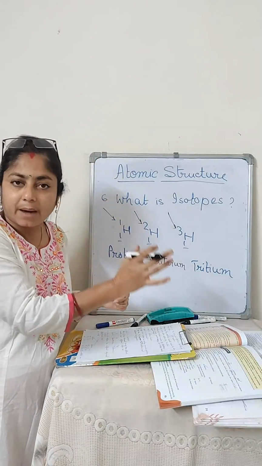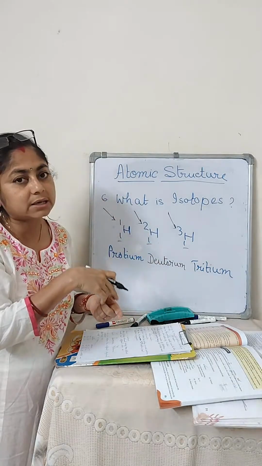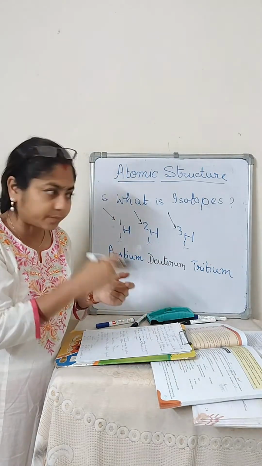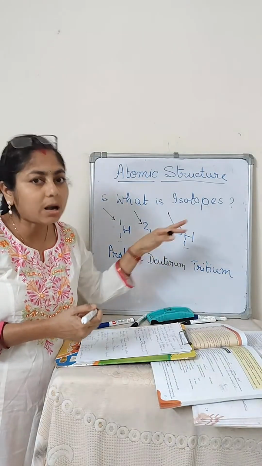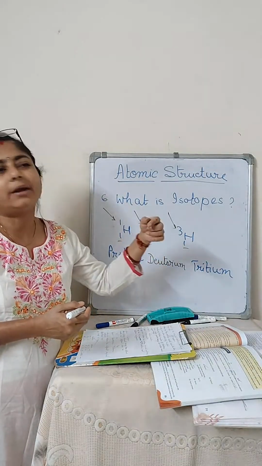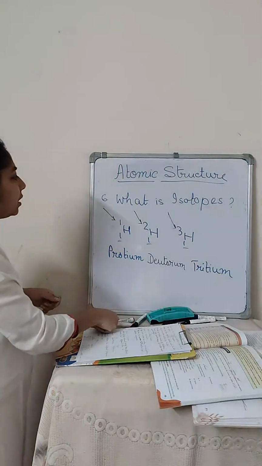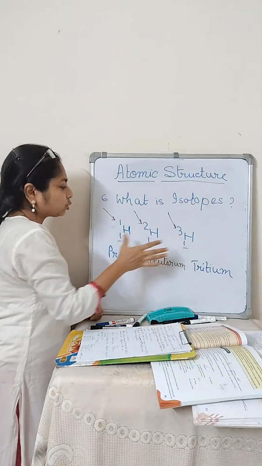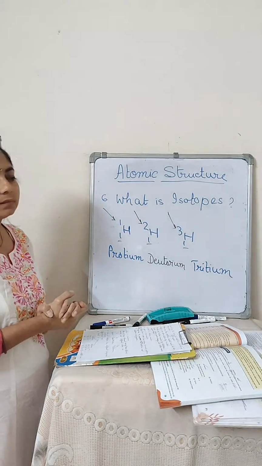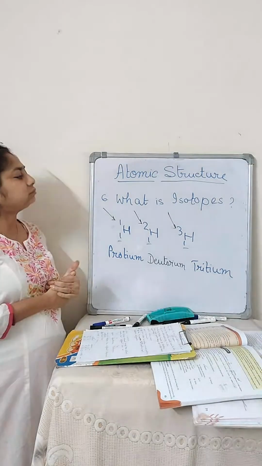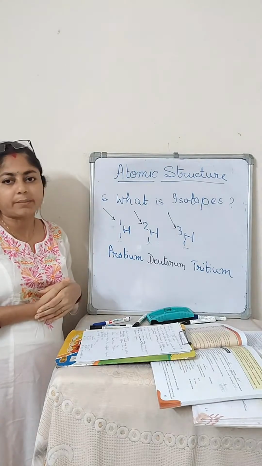Due to the neutron increasing, the mass number changes, and that makes them isotopes. They are all hydrogen, but there is a little change. Okay. What is isotope? I gave the example: protium, deuterium, and tritium. Please write in your notebook from the board. I'll give you 1 minute.